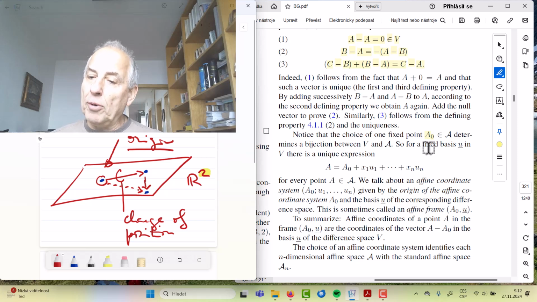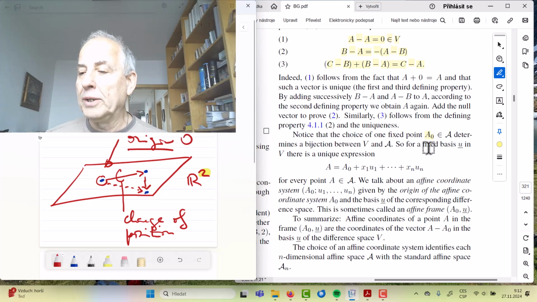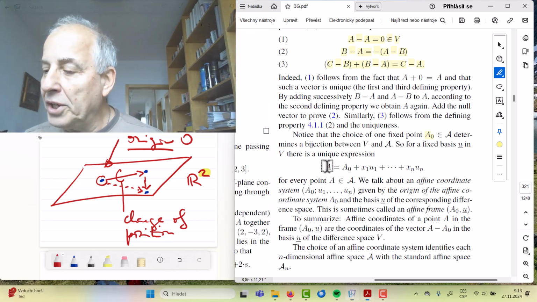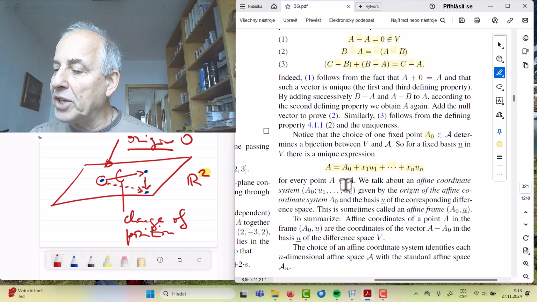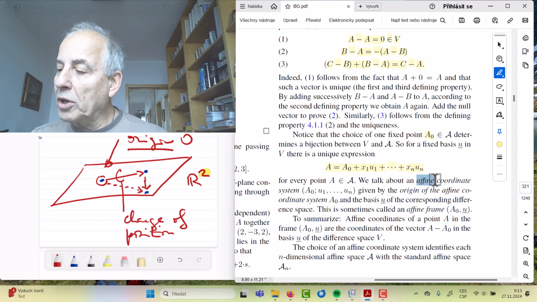And if I, on top of choosing the origin, so say this would be O, if I choose also a basis in the vector space, then I get a unique expression for every point in my space. It will be the A0 plus linear combination of the vector space basis. And we talk about affine coordinate system.